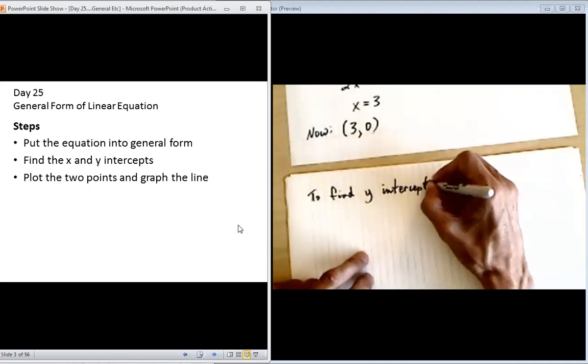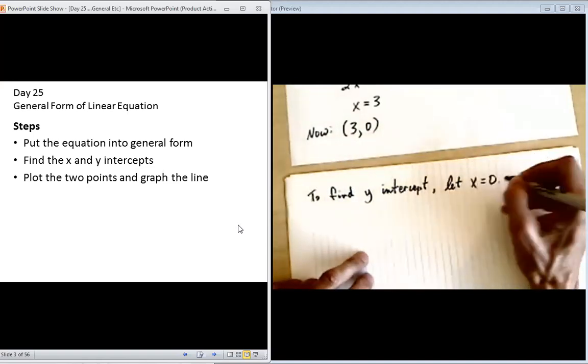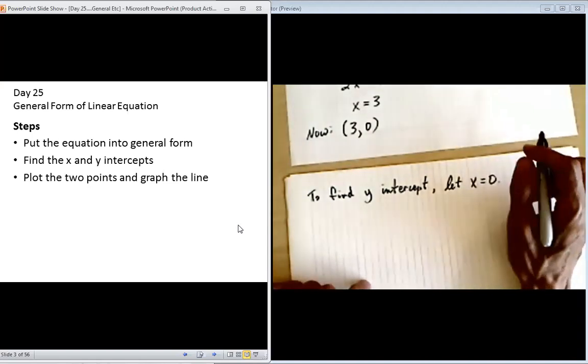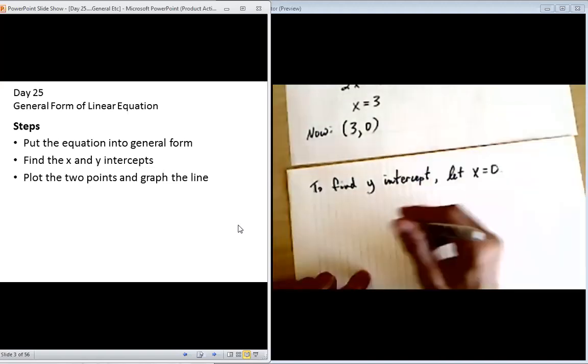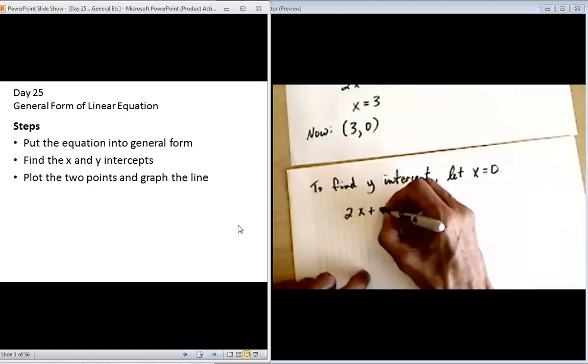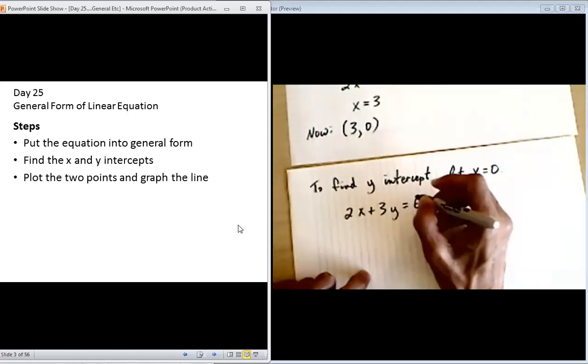To find the y-intercept, let x equal 0. And this is going to be true, by the way, all the way to like grade 12. Use this forever. Our starting equation, remember, was this. You don't have to write it again.